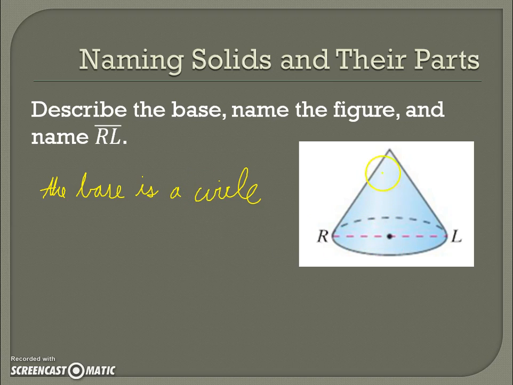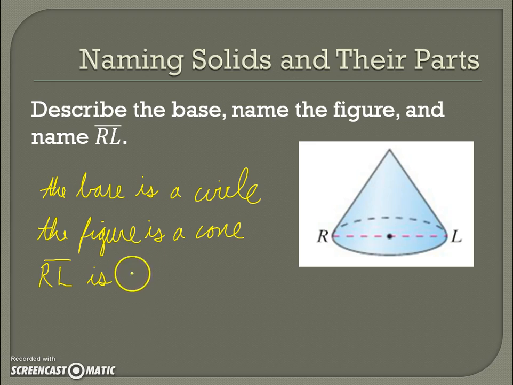Well, this is a base with a single vertex up here, so that is a cone. So the figure is a cone. And then it says, and name RL. Well, this is a circle with a midpoint, and RL is a line that goes through that. So I would say RL is a diameter.